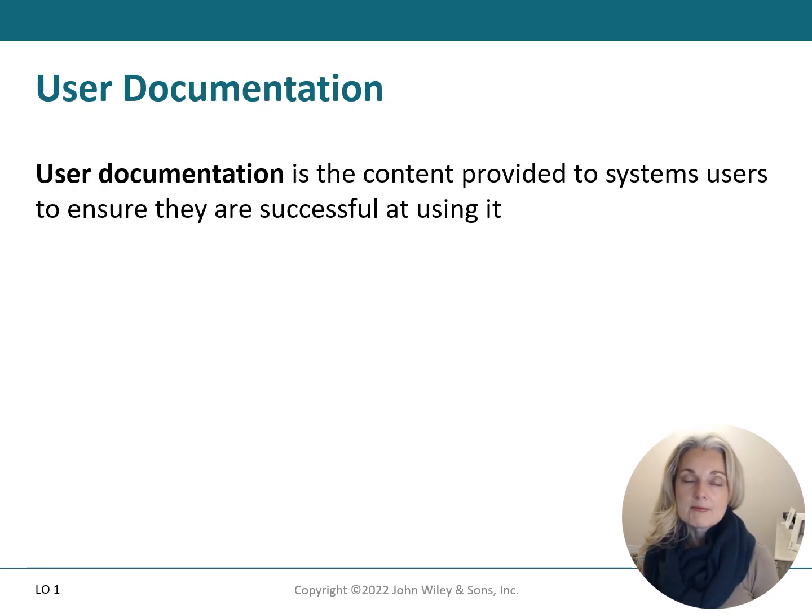And lastly, we have user documentation, and this is the documentation that we as accountants are interested in. This documentation is the content provided to system users to ensure that they are successful at using the system. So this is the instruction guide, the how to do things.